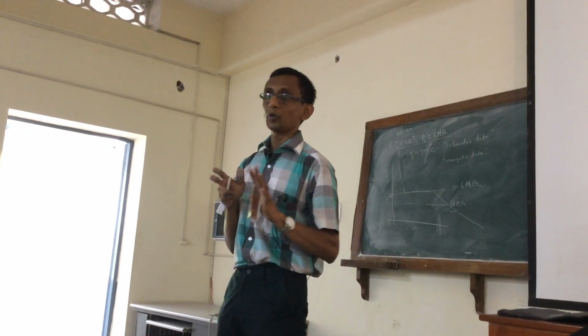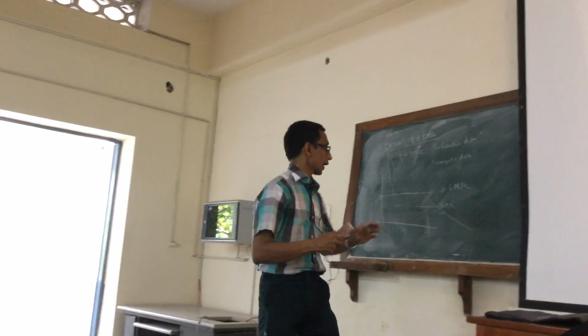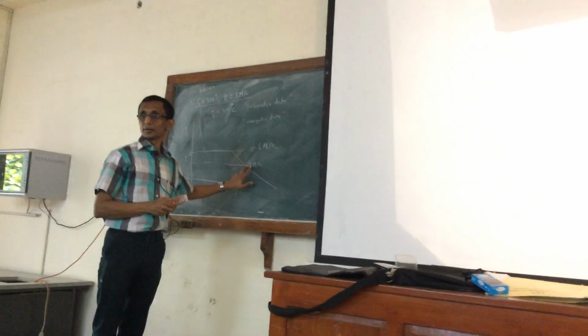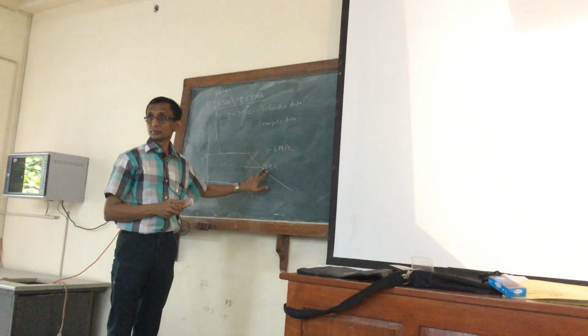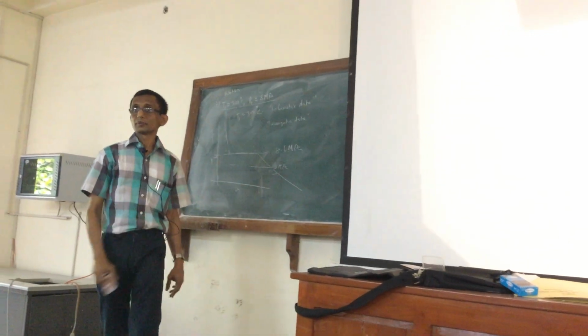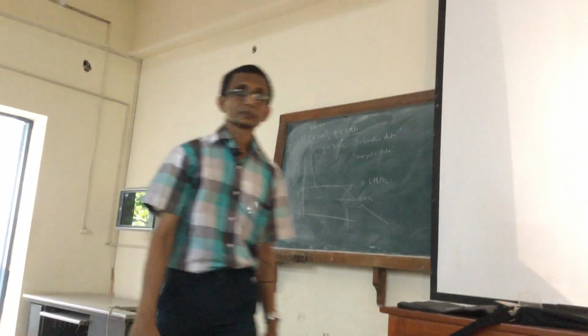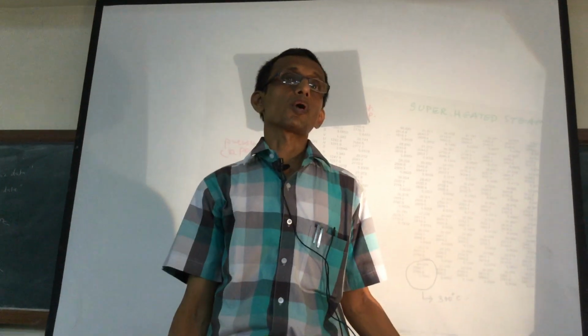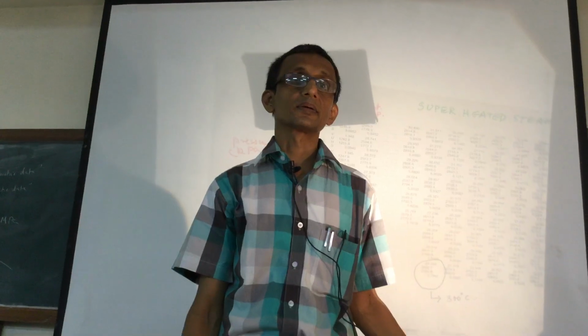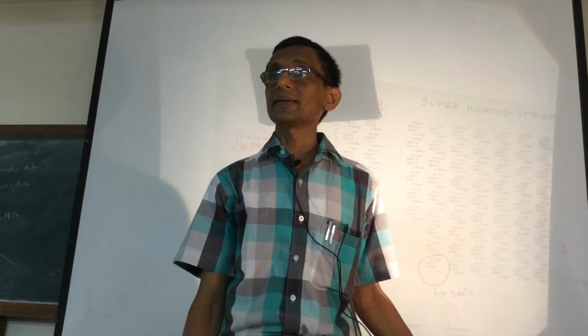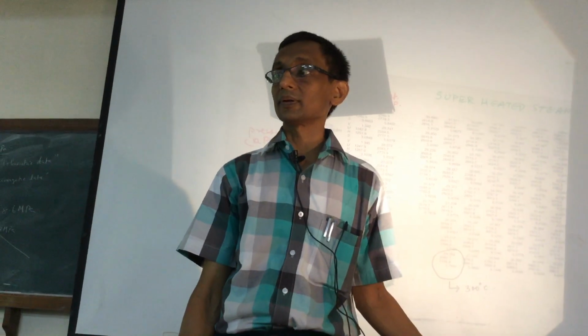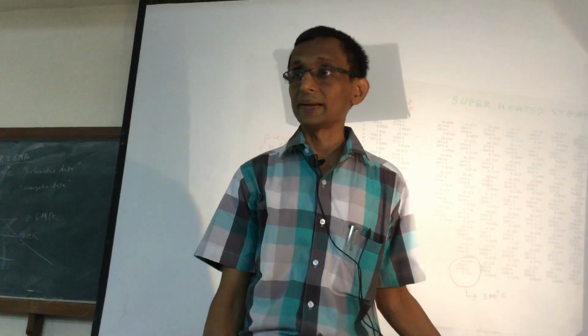What does this say about the fugacity at 8 megapascal? RT logarithm F over P. So what can you say about the fugacity? Will it be greater than or less than 8 megapascal? Less than, right?